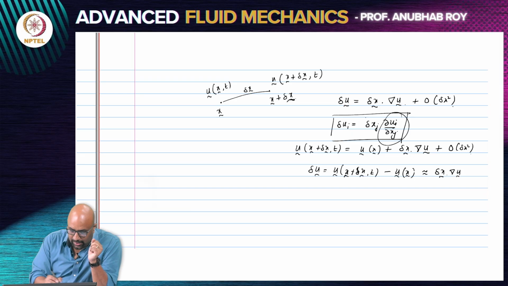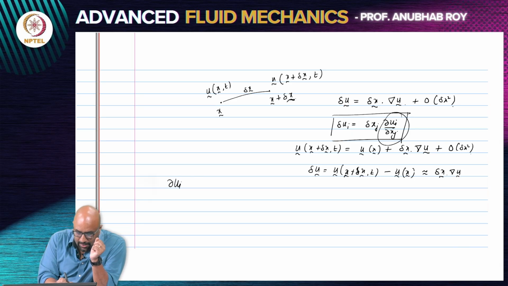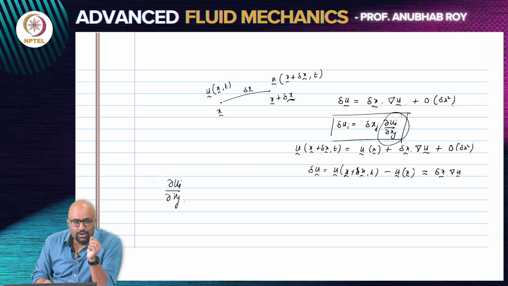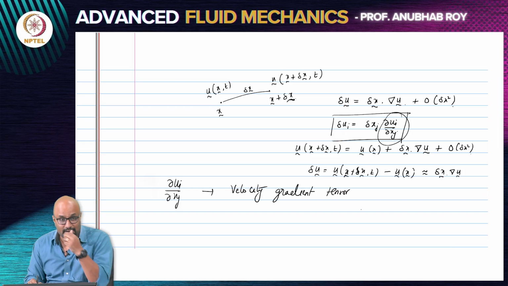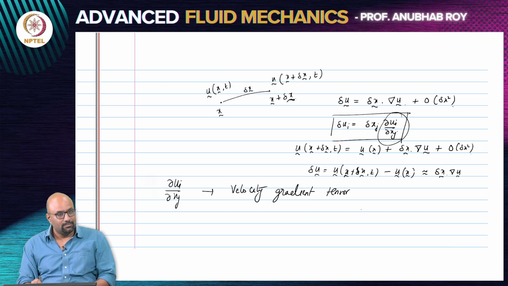And this quantity dou ui dou xj, which we were introduced to purely from a mathematical point of view earlier when we were learning about order 2 tensors, is the velocity gradient, and as it is an order 2 tensor, you can write it as a velocity gradient tensor.